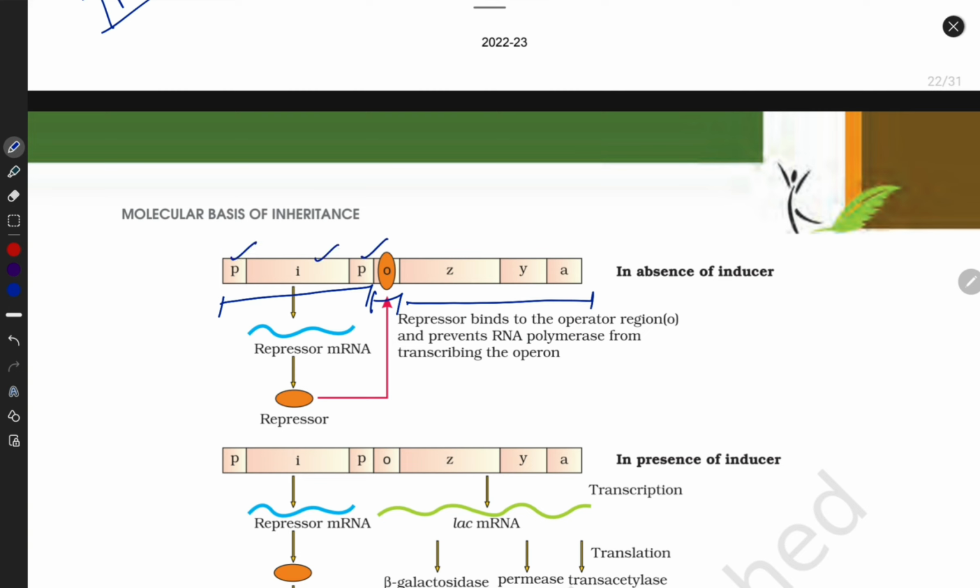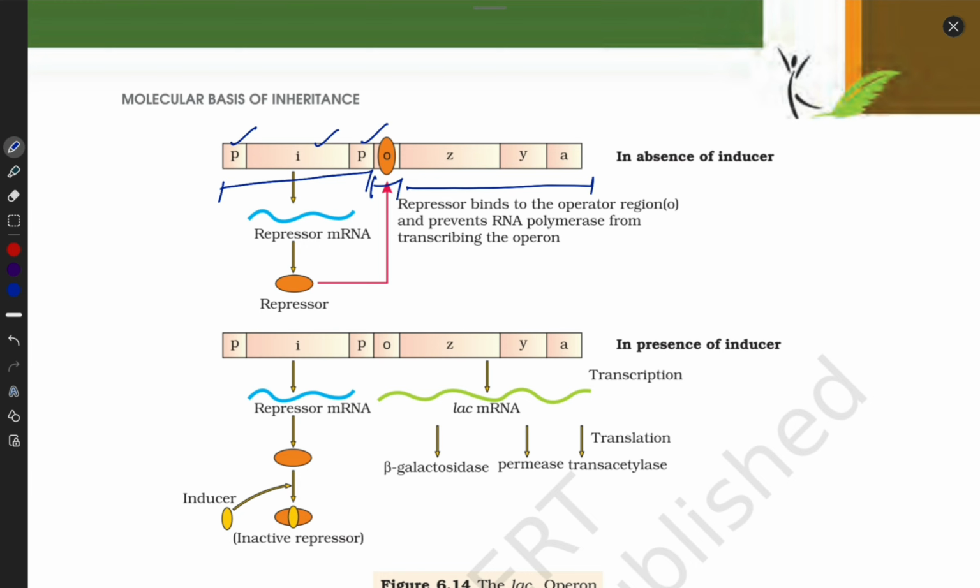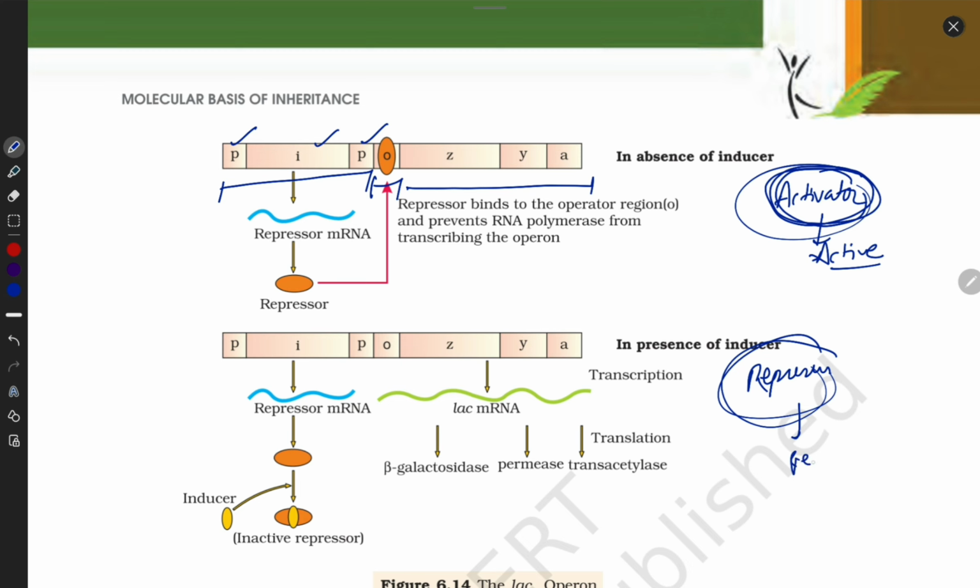First of all, you have to remember two terms: activator and repressor. According to their names, an activator activates something, and a repressor represses something.